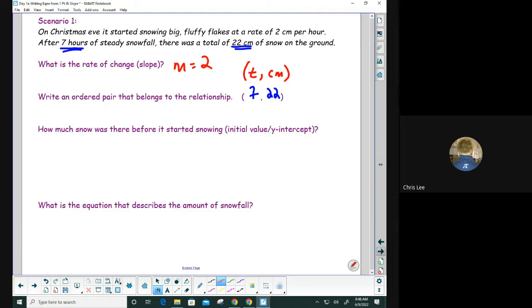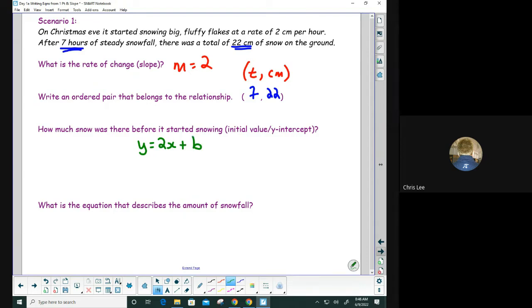Now, how much snow was there before it started snowing? This is working backwards to do our initial value. Again, I already know that you know how to do it logically. I know you know how to do it using the graph and the table. We're now going to do it algebraically. So we know so far that the equation is y equals 2x plus something.